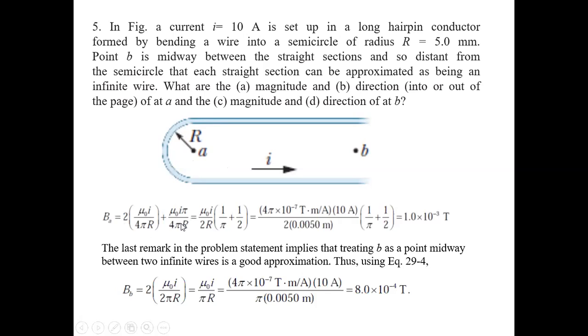Both equations are given here, and then we can find the magnitude of the magnetic field. At point B, we can take into consideration only these two parallel straight wires and determine the direction of the magnetic field. The curved path plays no role in this magnetic field.